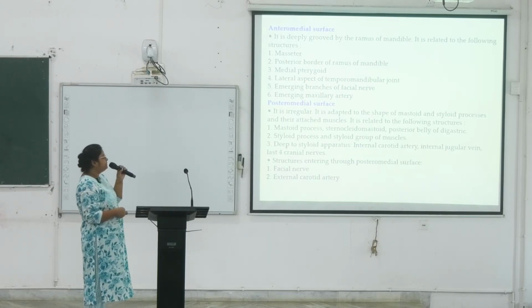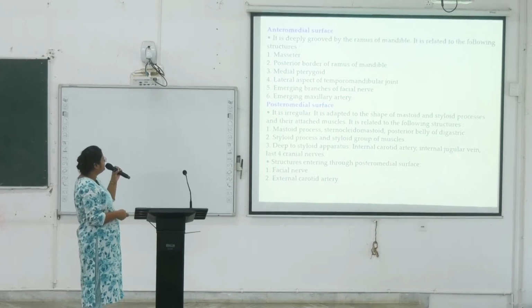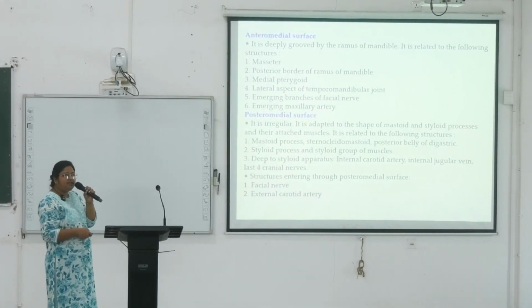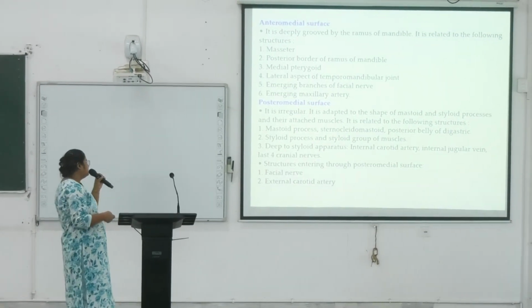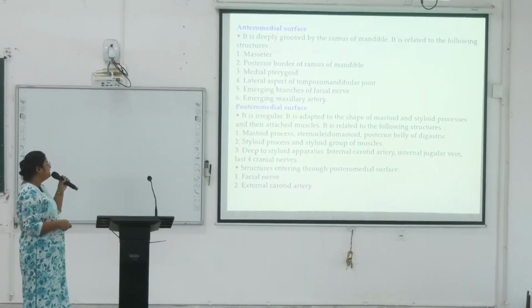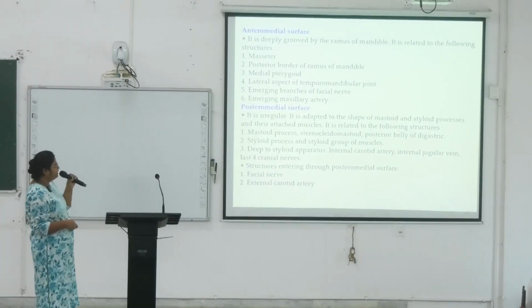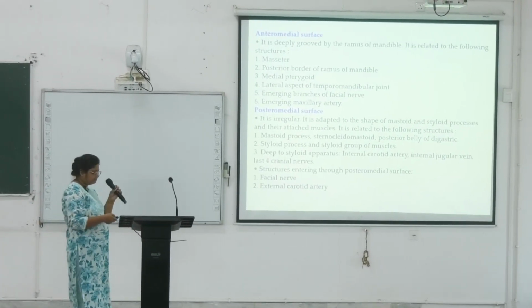Deep to the styloid apparatus, there are the internal carotid artery, internal jugular vein, and last four cranial nerves: 9th, 10th, 11th, 12th are related here. Structures entering through the posteromedial surface are the facial nerve and external carotid artery.